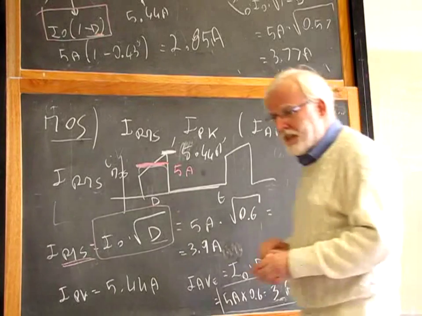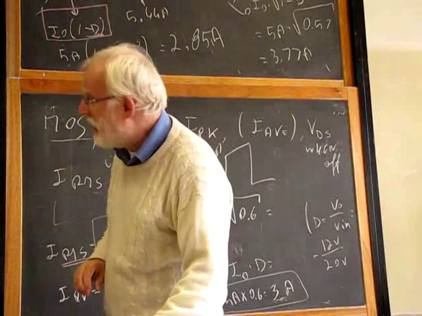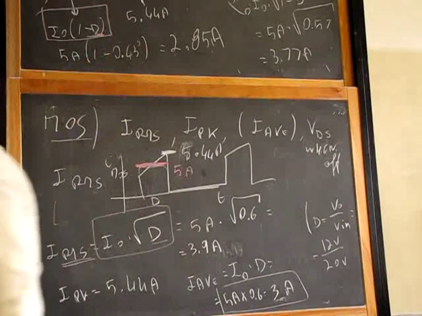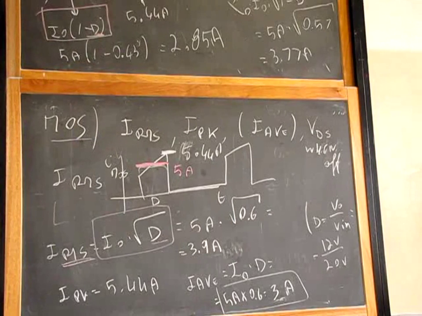Okay, what is the voltage across the MOS transistor when the MOS transistor is obviously open? Well, when the transistor is open, on the right hand side you have negative VD. On the left hand side you have VD. V minus negative VD is VD.